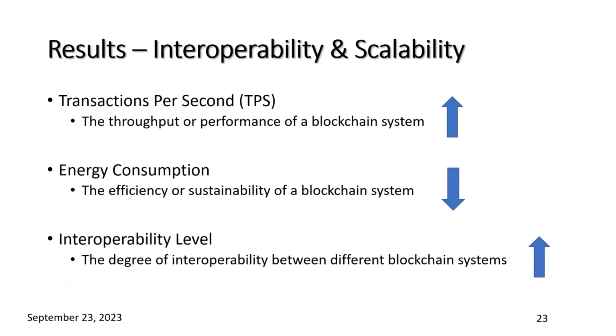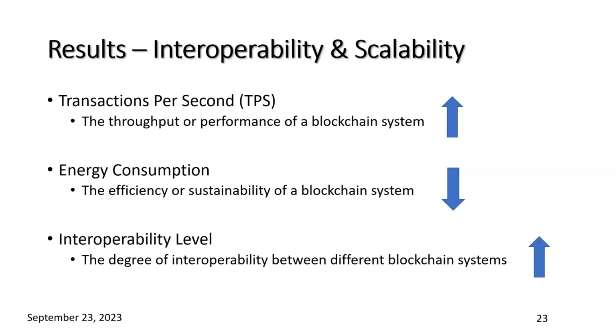A higher transaction per second means higher scalability, as it implies that the system can handle more transactions without compromising the security or decentralization. Polkadot might reach 1 million transactions per second as the network expands and parachains are added continuously, while Ethereum can process up to 100,000 transactions per second.